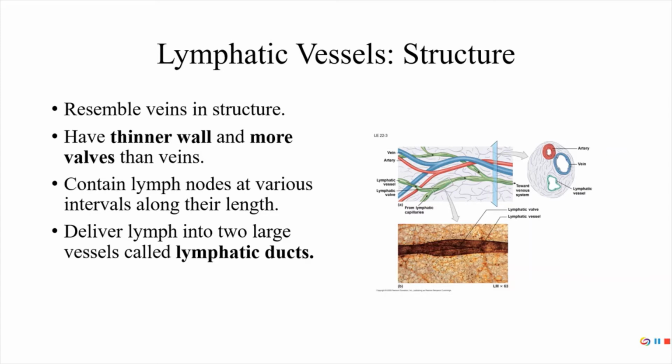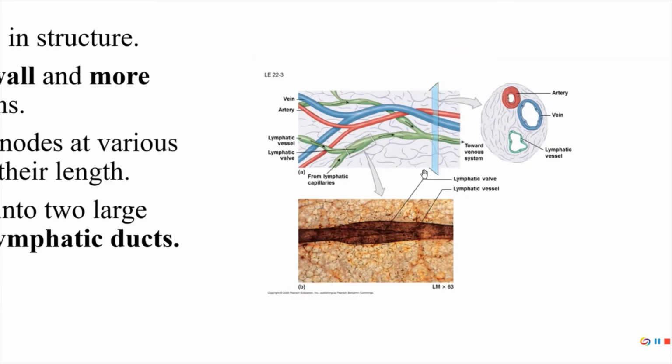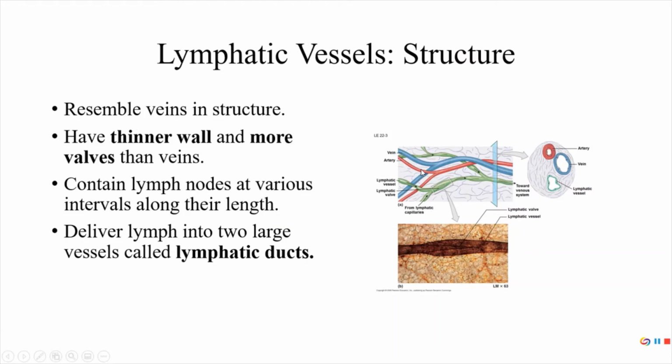Now, lymphatic vessels are actually thinner-walled and have more valves. Now, we know those valves are for one-way flow. When fluid passes through that valve and then tries to pass back, it prevents that backflow. Having valves is indicative of low pressure and preventing backflow. So a lot of times, these things are very low pressure, okay?